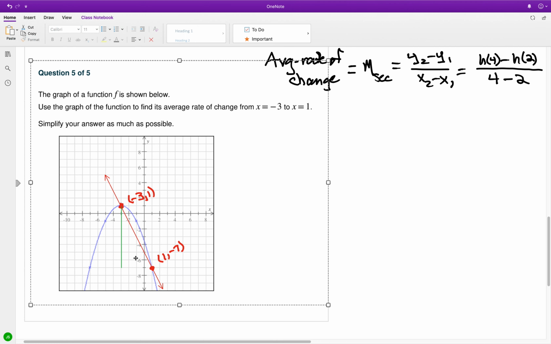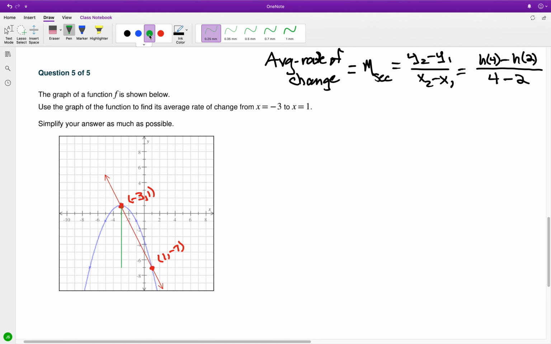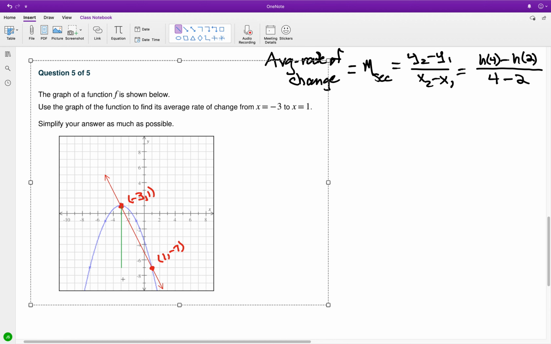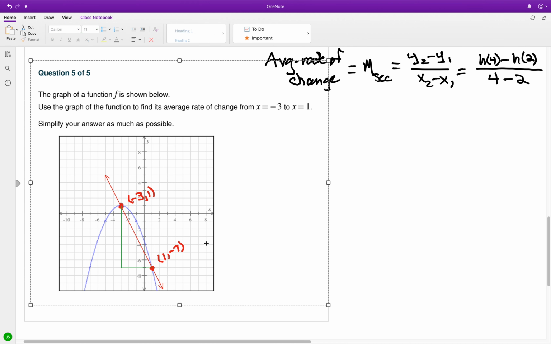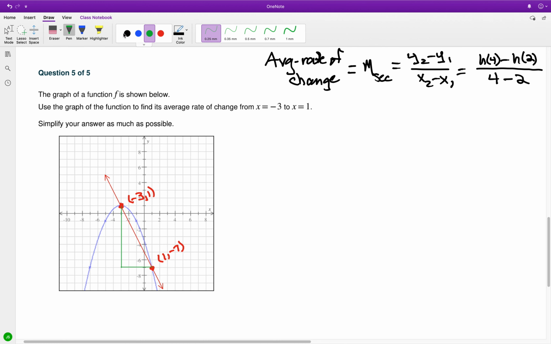For the change in the y values, we have 1, 2, 3, 4, 5, 6, 7, 8.